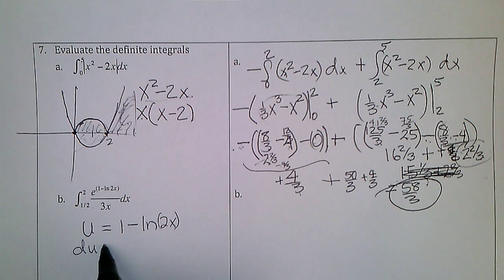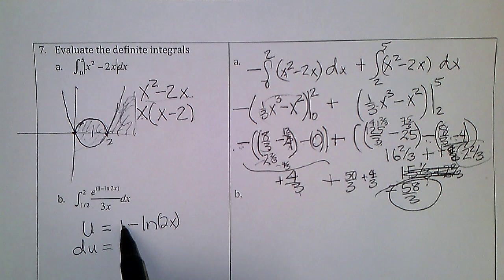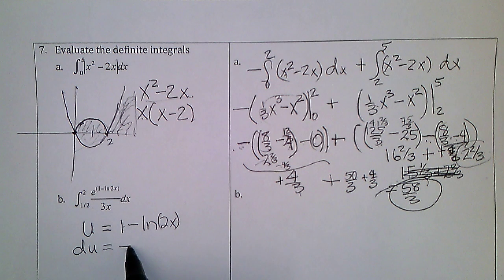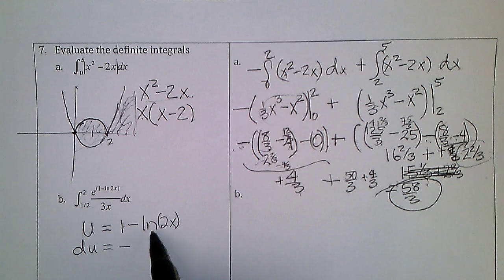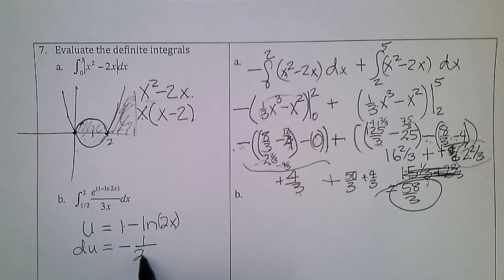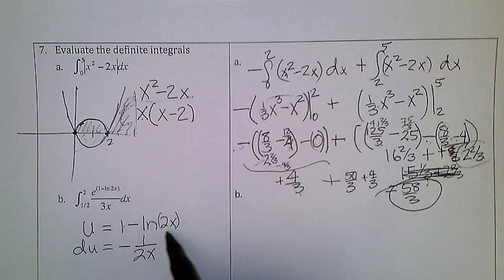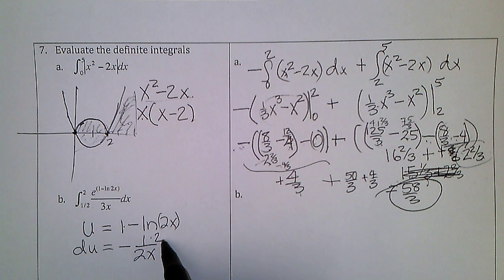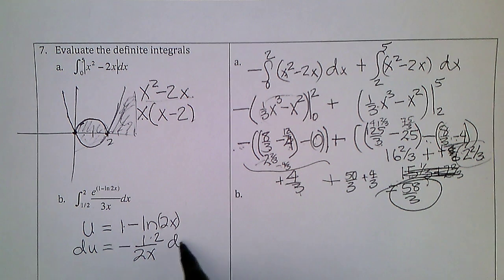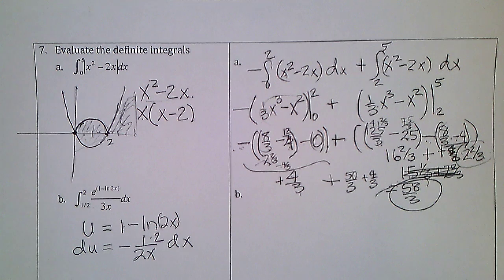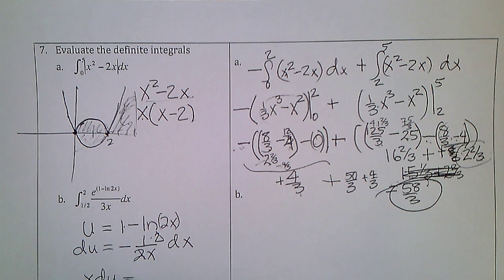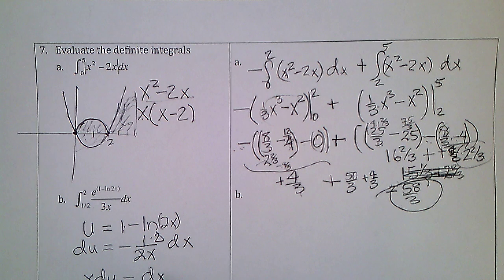Then du would equal, derivative of 1 is nothing. Then we'd have a minus, and the derivative of ln of something is 1 over the something times the derivative of the inside, which is 2 dx. These 2's cancel, and multiply both sides by a negative x, and I get minus x du equals dx.